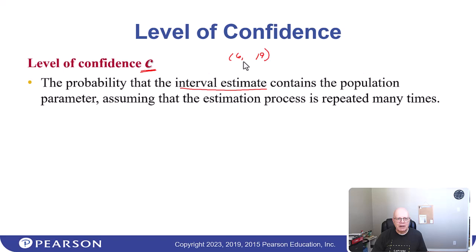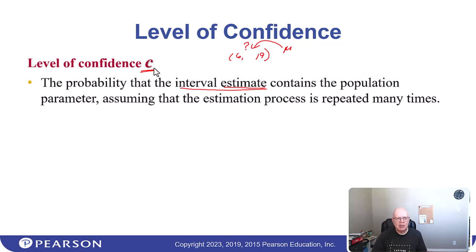So this would be an interval, and this would mean that we think that our mean is somewhere in there. We don't know for sure though. Either it is or it isn't, but that's our best guess. It's an interval estimate.